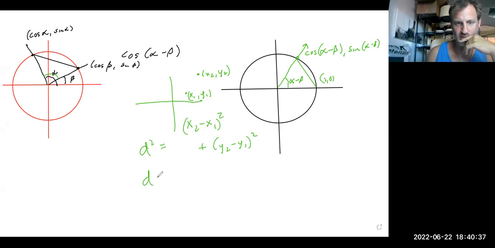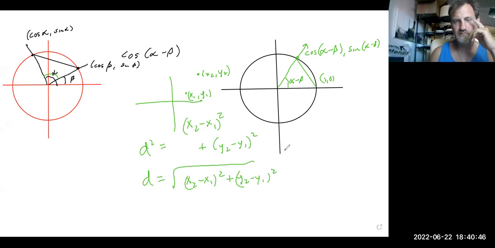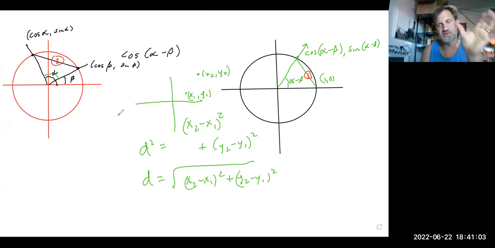So we take the square root of the whole thing, and that gives us the distance. So I'm just going to do that for this segment over here and this segment over here. These are equal to each other because all I did was rotate that part back to place this onto the 0 reference line.